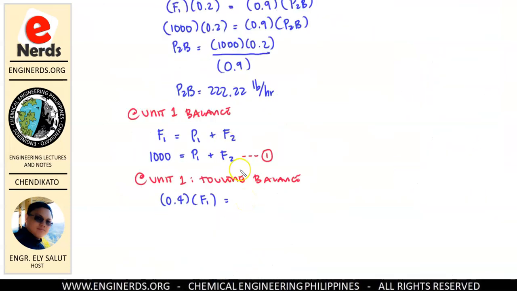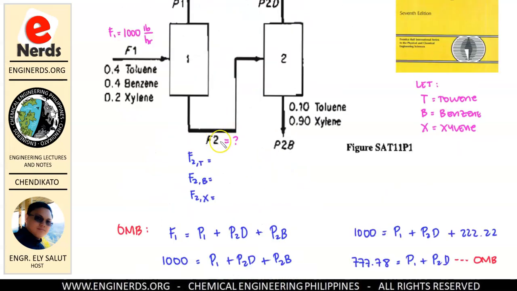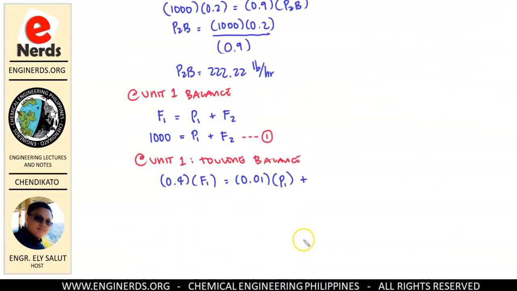So we have 0.01 times P1. And plus, dito naman sa ating F2, hindi natin alam. So, we can name this as what we assigned, F2T. That is the amount of toluene in our F2 stream.